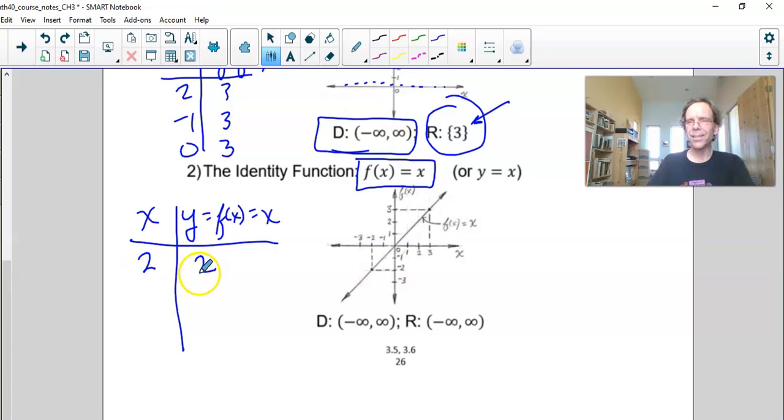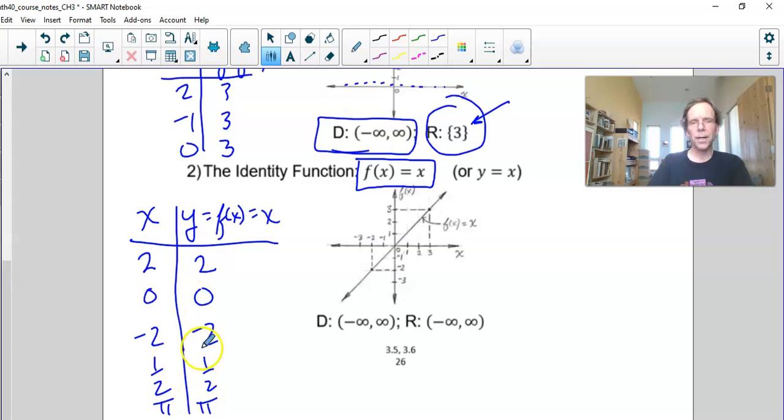So the y has the identity of the x. The function equals its own identity. You put in 0, you get 0. You put in negative 2, you get negative 2. You put in 1/2, you get a half. You put in pi, you get pi.